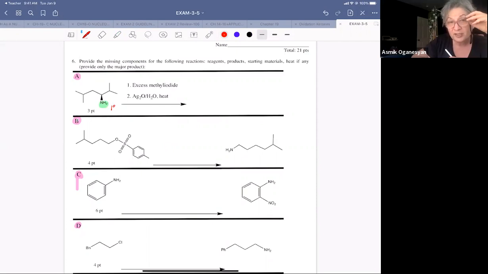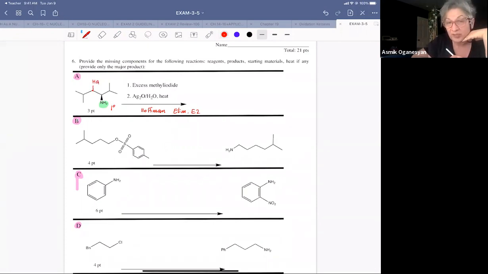The reaction conditions with excess methyl iodide and silver oxide are the Hofmann elimination conditions. I'm going to go through an E2 reaction. I will be removing a proton from the less substituted site.